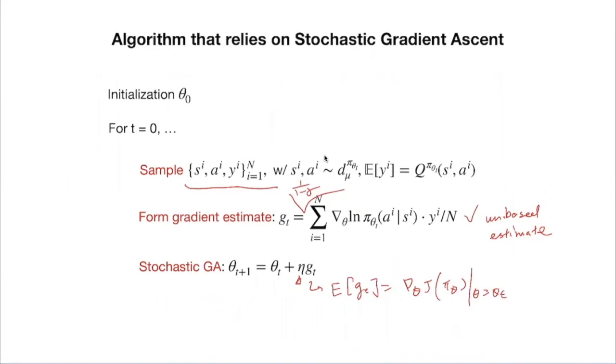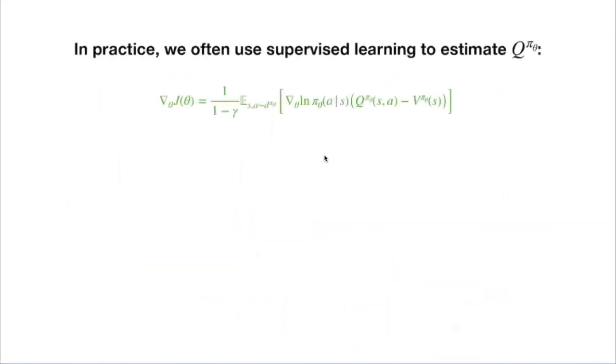All right, so that's the algorithm basically. One last thing I want to mention is that in practice, to further reduce the variance, we might sacrifice the unbiasedness. This comes to the thing we talked about a lot in machine learning 101, which is the bias and variance trade-off.